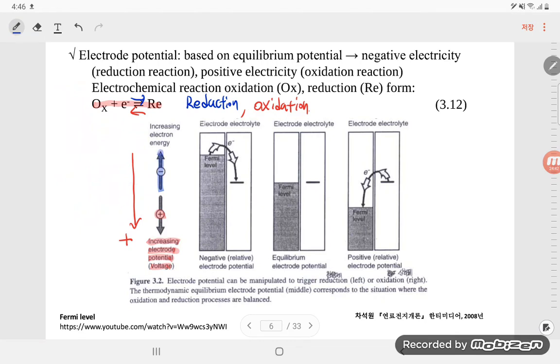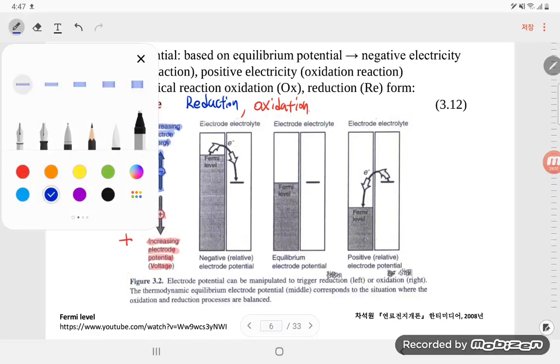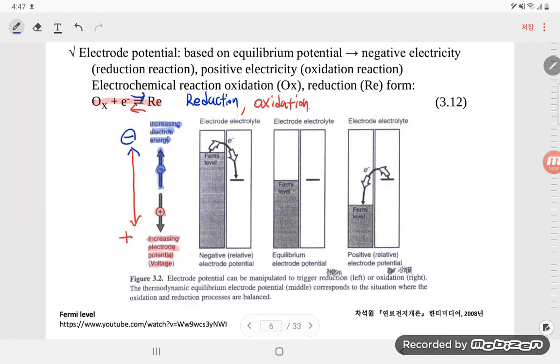In the reverse direction, the electron energy, the minus energy, is increasing. And in this direction, the plus energy of the electrode potential is increased. And each electrode has an energy state of the electron, right? We can refer to the Fermi level to determine that.